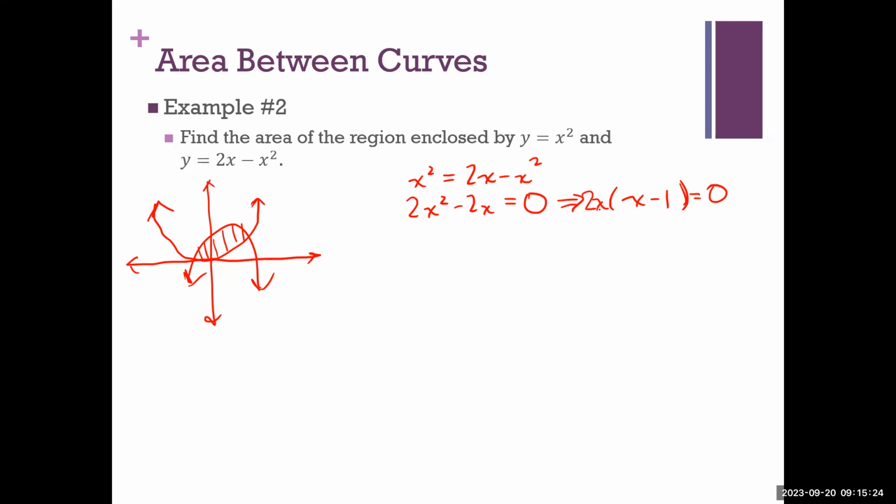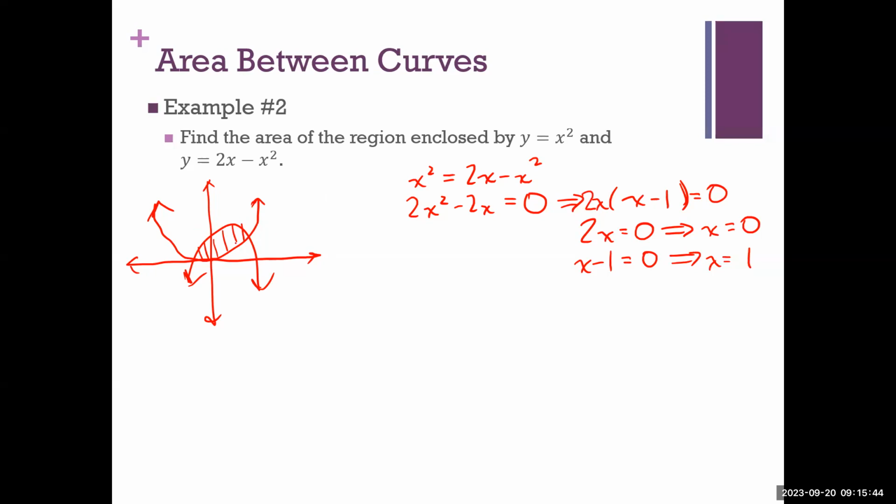Right, so now if I have two factors whose product equals 0, that can only happen if one of the factors equals 0. So I get x equals 0 or x equals 1, right?